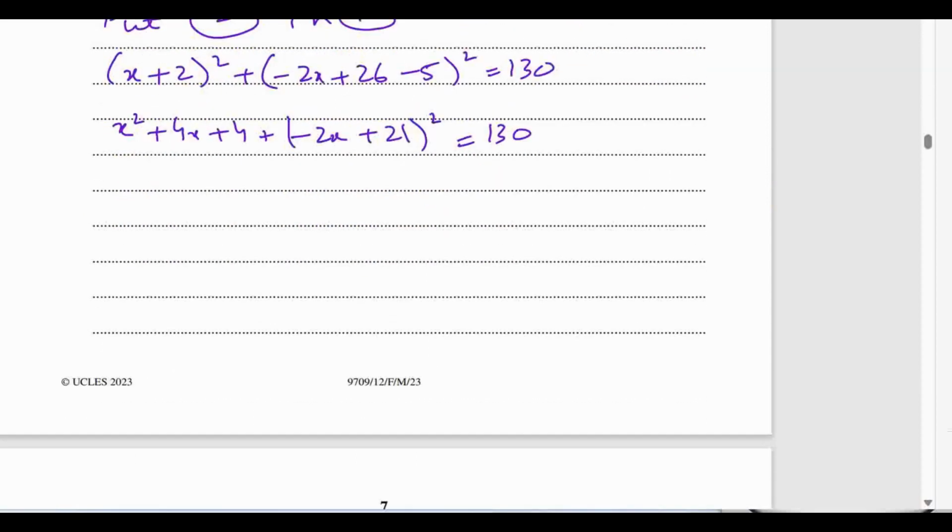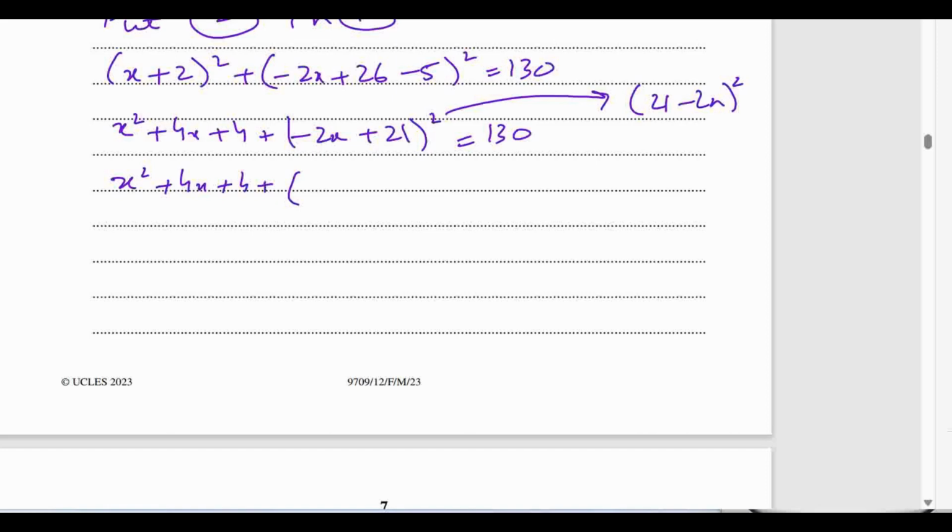Now we can simplify it as x square plus 4x plus 4 plus, we can write this portion as 21 minus 2x, so that we should not have any issue of sign.